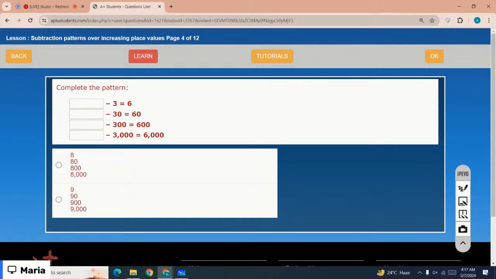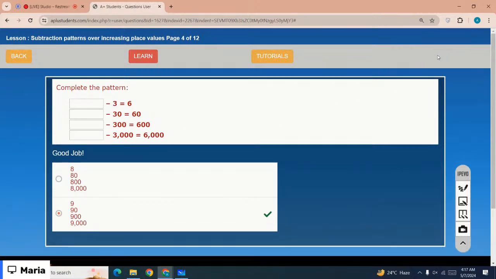The correct option is 9 take away 3 is 6, 90 take away 30 is 60, 900 take away 300 is 600, and 9,000 take away 3,000 is 6,000.